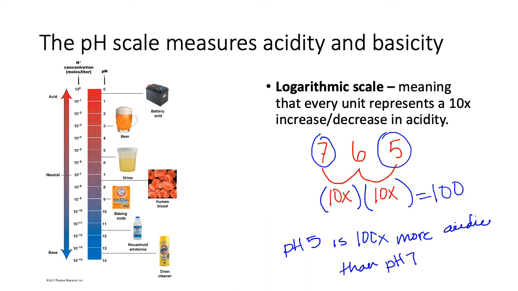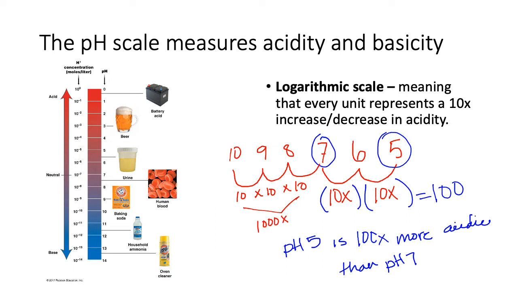And we can do that in the other direction. Let's say we go from 7 to 8, 9, 10. Let's say we change from 7 to 10. Well, that represents 1, 2, 3 units. So we have 10 times 10 times 10, which gets us 1,000.